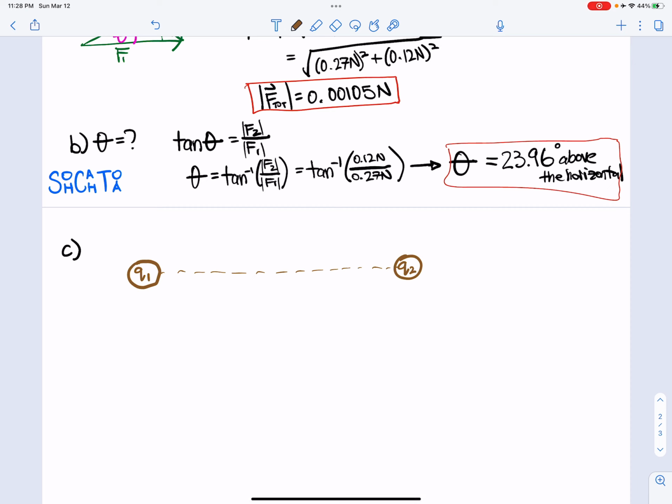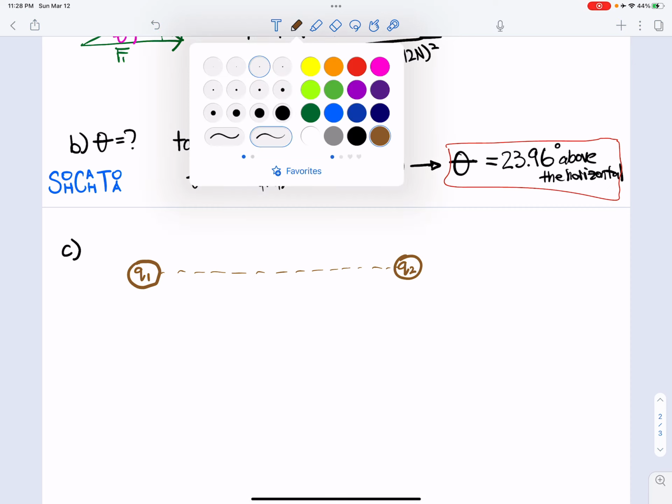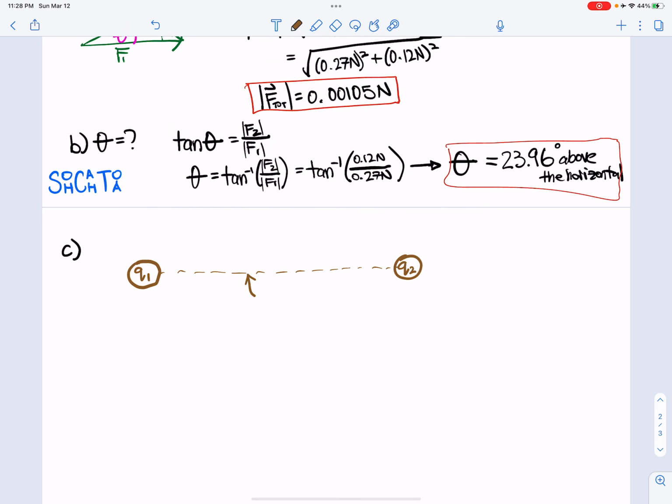And the angle of this line is 180 degrees. So it's a perfectly straight line.